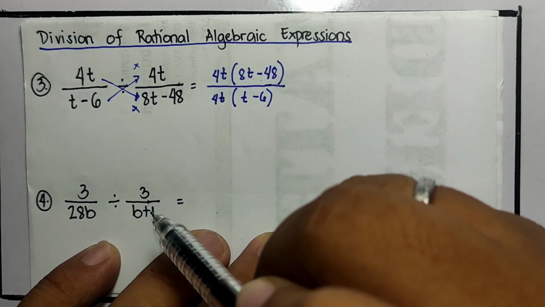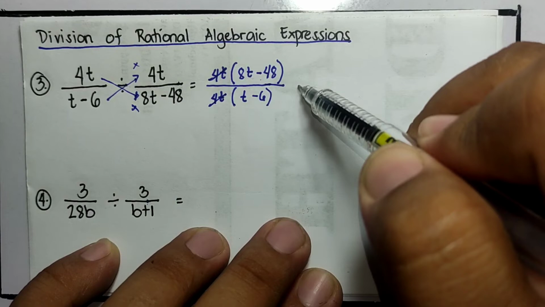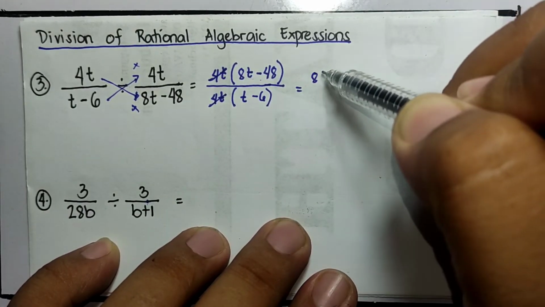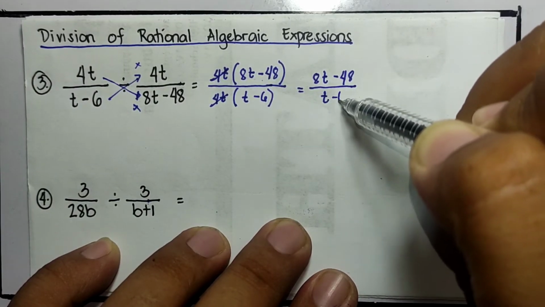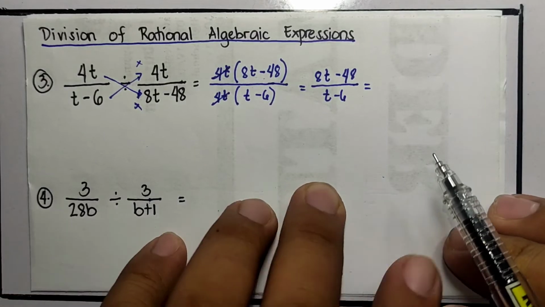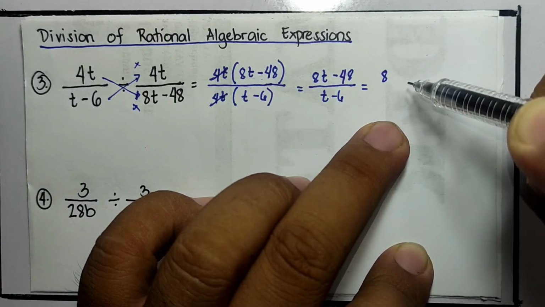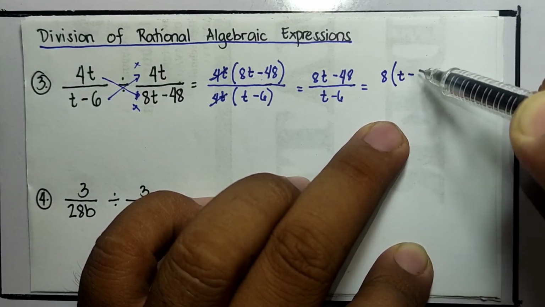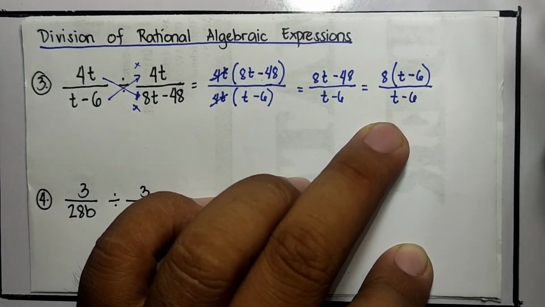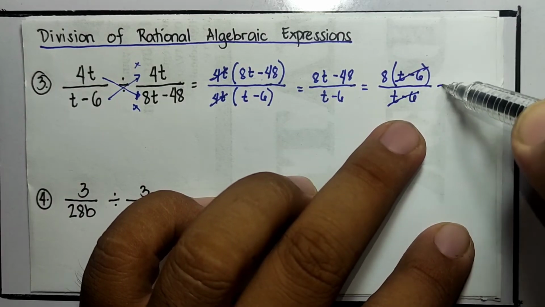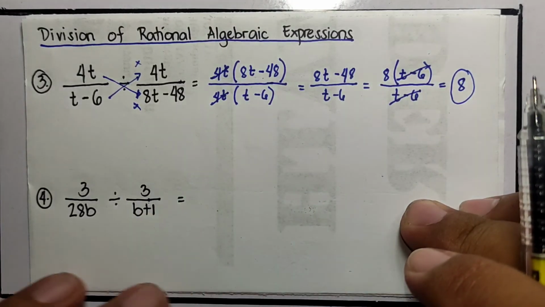Then factor out or simplify. The remaining is 80 minus 48 over t minus 6. For 80 minus 48, their common factor is 8. Then t minus 6 over t minus 6 cancel, and the remaining is 8. That is the quotient.